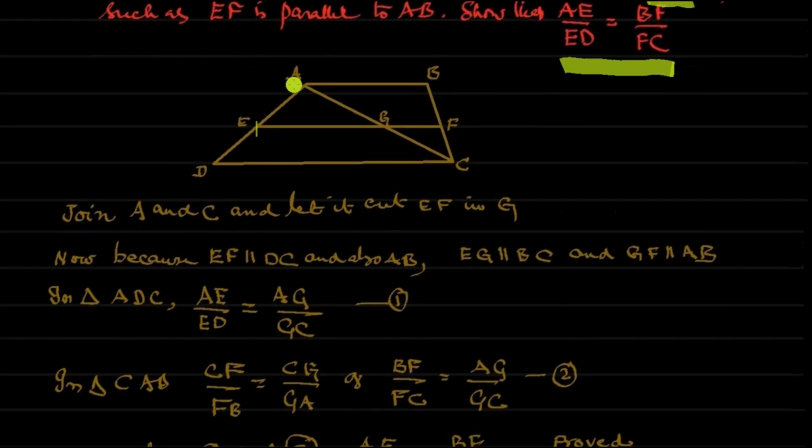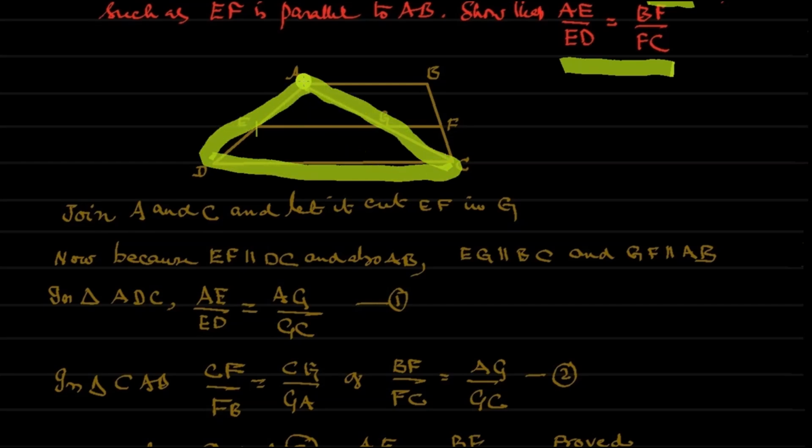So now join AC. With AC, you have two triangles. This is one triangle and this is the second triangle. You must be able to visualize those things.